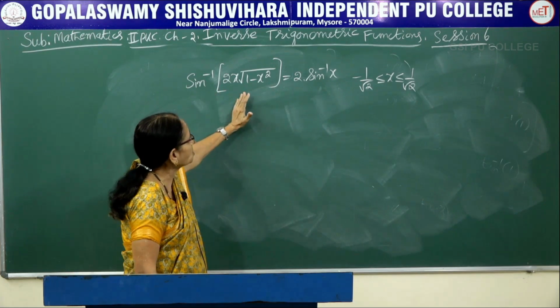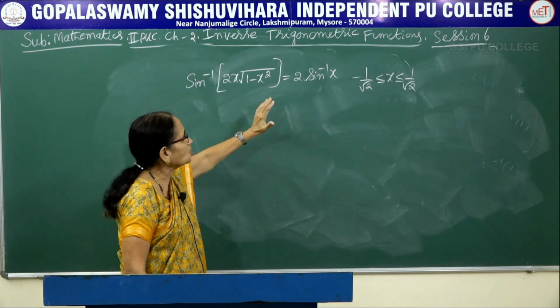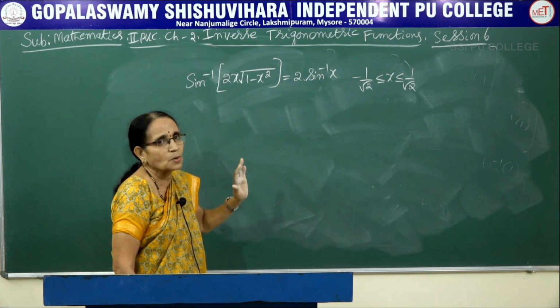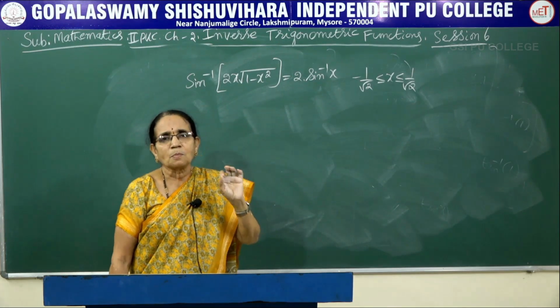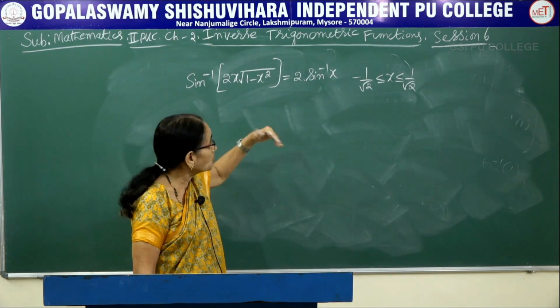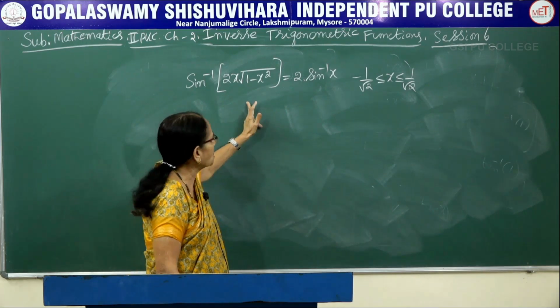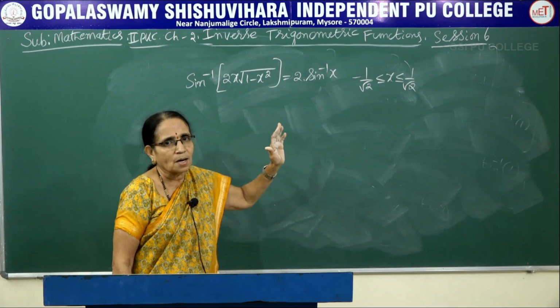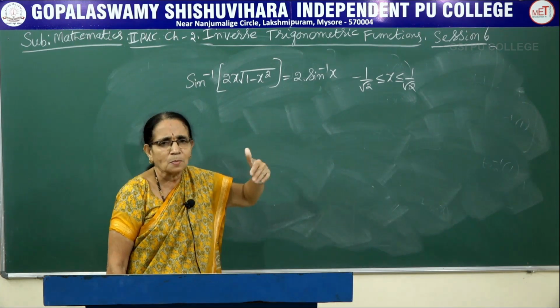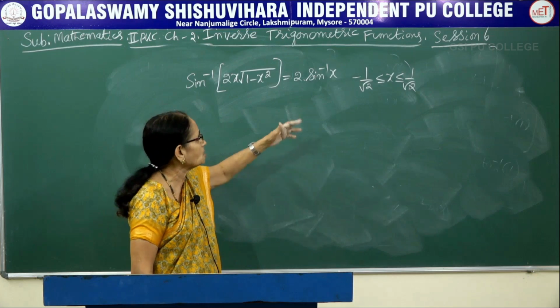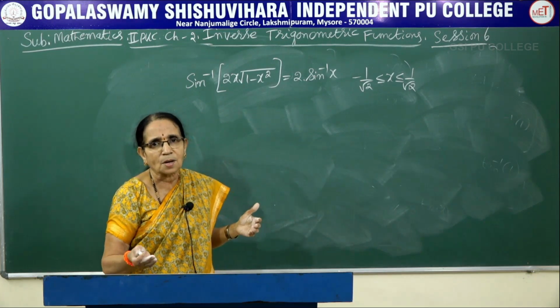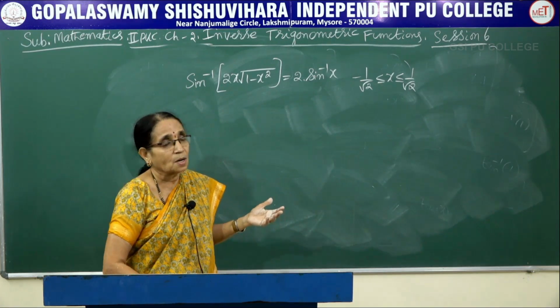Sine inverse of 2x into root of 1 minus x square should be shown as 2 into sine inverse x. See, sometimes they ask you to prove the result. Prove the result means you have to always start with the left hand side and show that it is equal to the right hand side, in the maximum number of problems. Sometimes, as we have done in the earlier session also, we start with the right hand side and show that it is equal to the left hand side.